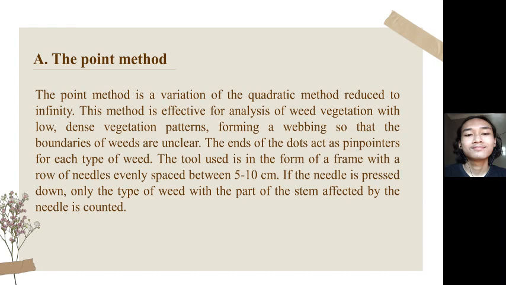The tool used is in the form of a frame with a row of needles evenly spaced between 5 until 10 centimeters. If the needle is pressed down, only the type of weed with the part of the stem affected by the needle is counted.